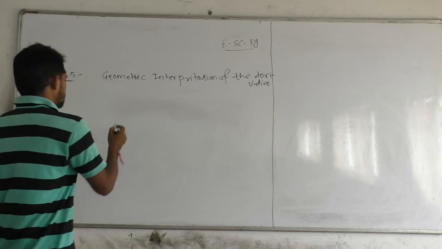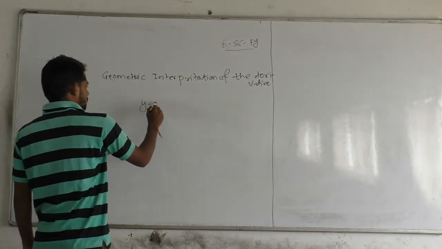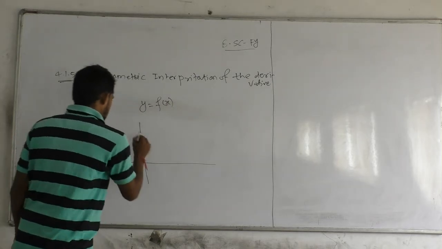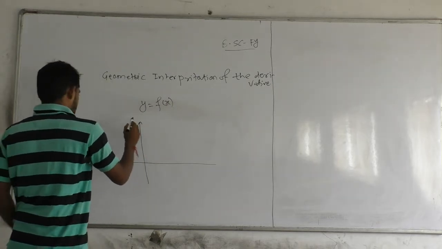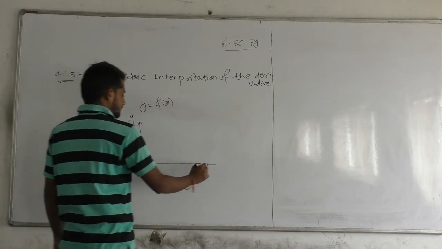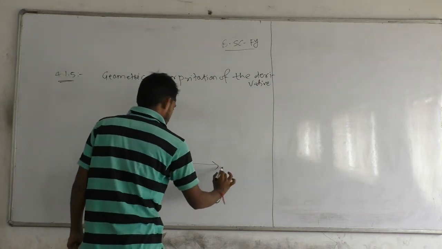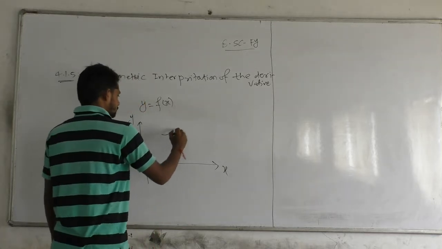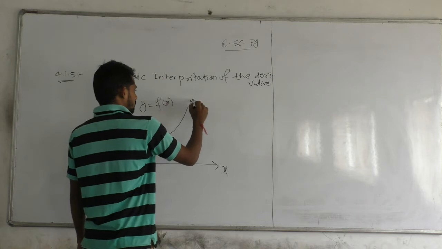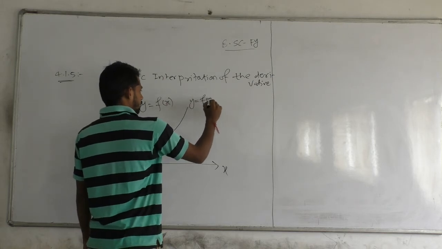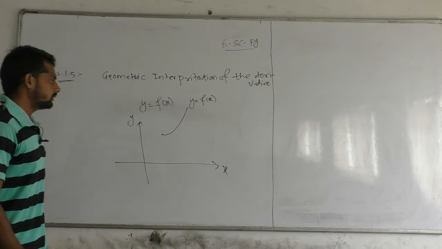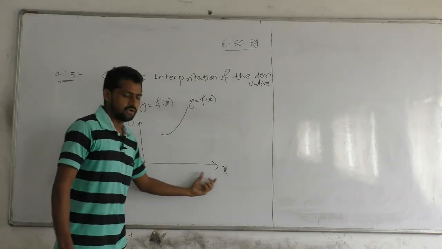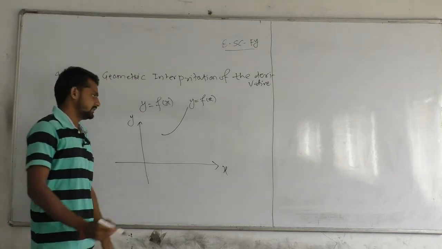If we consider a function y is equal to f of x, this is our Cartesian plane. This is the y-axis, this is the x-axis. If this is a curve, y is equal to f of x, a function whose domain is the set of real numbers, that is this real line.